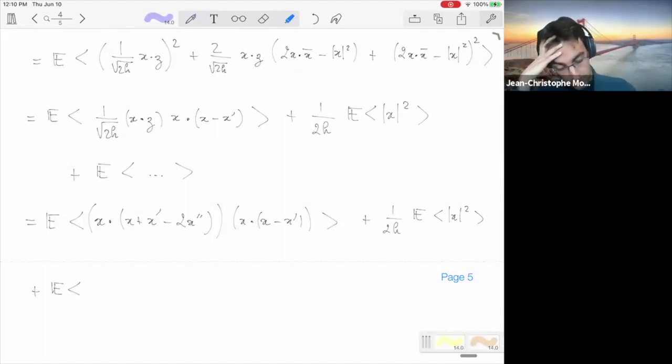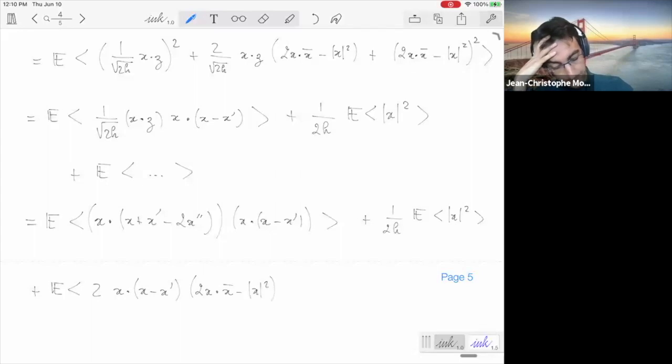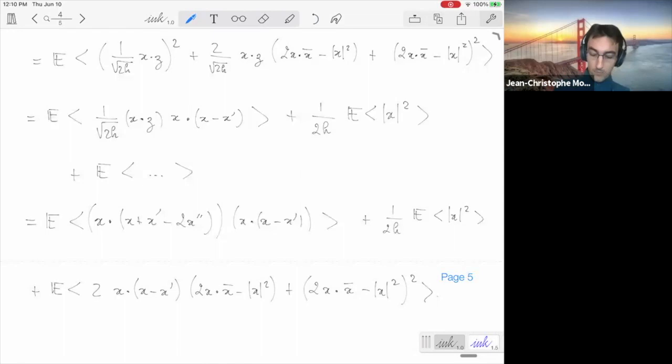So I will have 2 times x dot x minus x prime, 2x dot x bar minus x squared, plus 2, and this last term I just leave as it is.